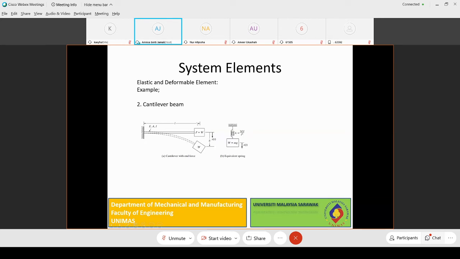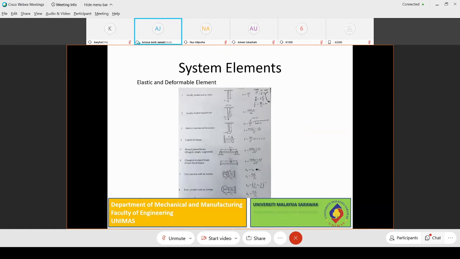So here we can simplify the system into a spring and mass system. So K here for the cantilever beam would be K equal to 3EI over L cube. Okay. So this one also there's a way to define it. You can try to find how to define this, but normally this value is given in the exam.